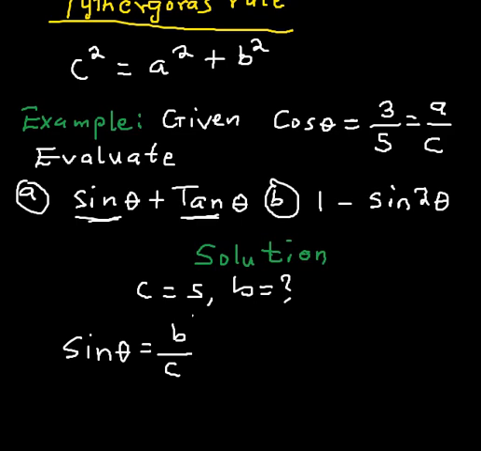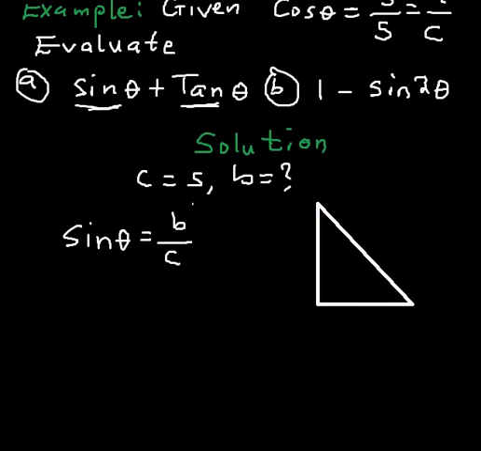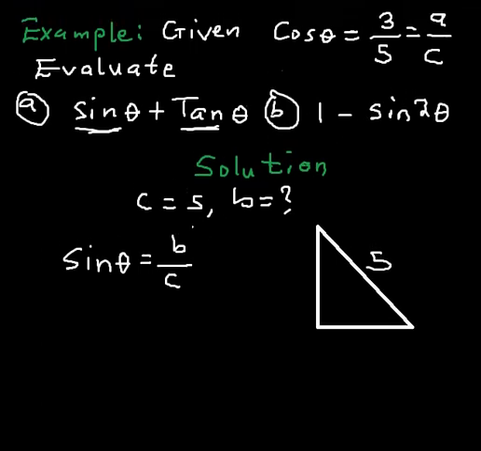Don't forget that I can get that using Pythagoras rule. The hypotenuse C is 5, and the adjacent A is 3.